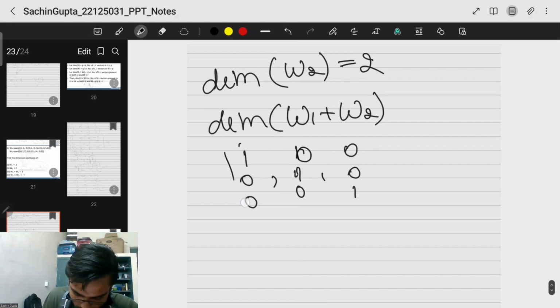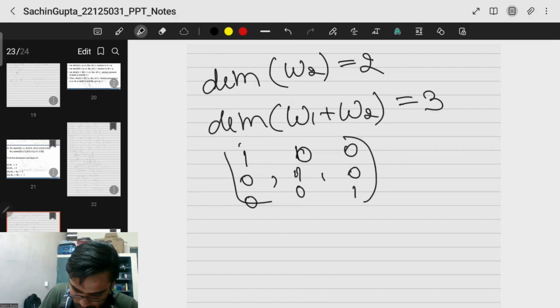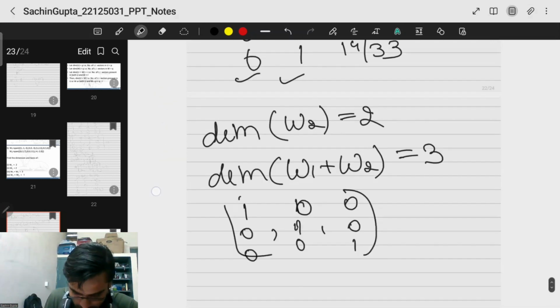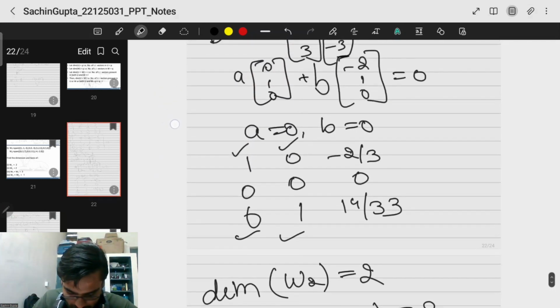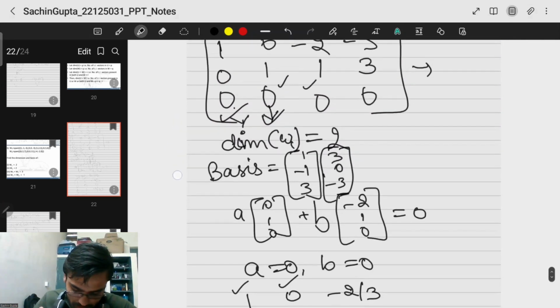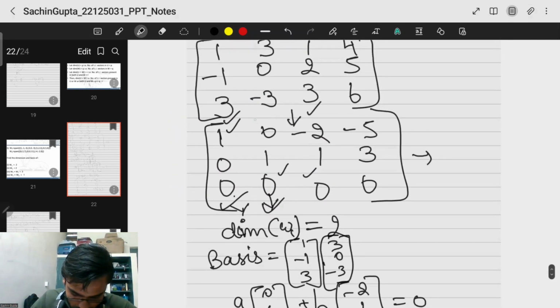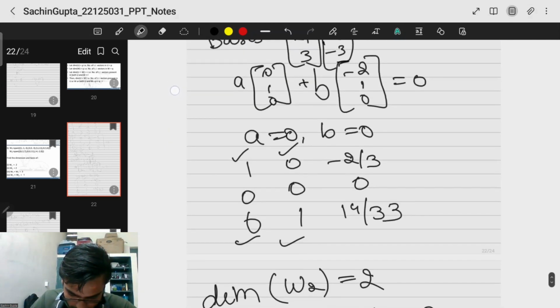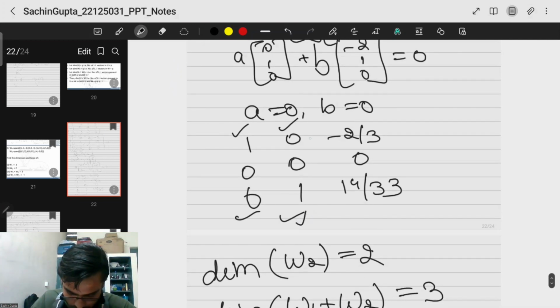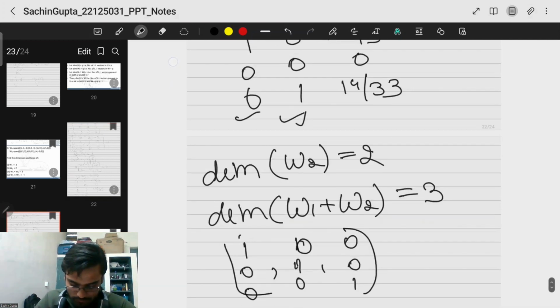So dimension of W1 plus W2 is equal to 3. And which vectors will form the basis? First and second of W1 and second of W2, because these three are linear independent.